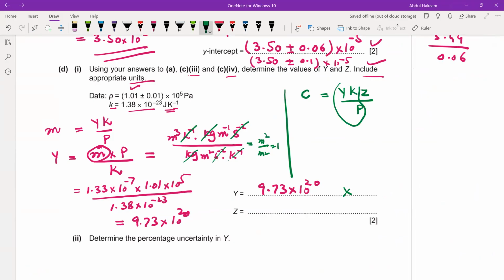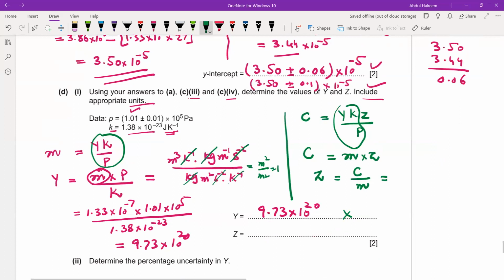And this yk over p, this one is the gradient. So c is equal to the gradient times z. So z is equal to your y-intercept over gradient, and your y-intercept value is coming 3.50 into 10 power minus 5, and the gradient is coming 1.33 best fit into 10 power minus 7. And you have to calculate this.